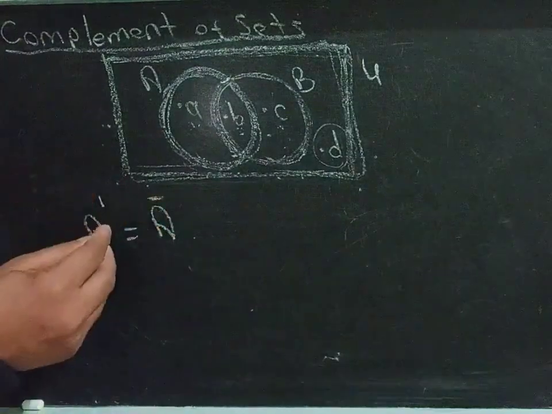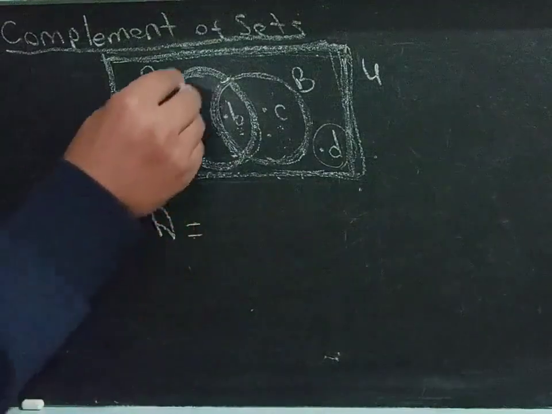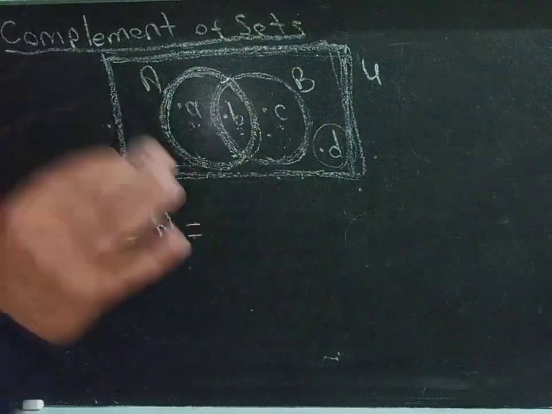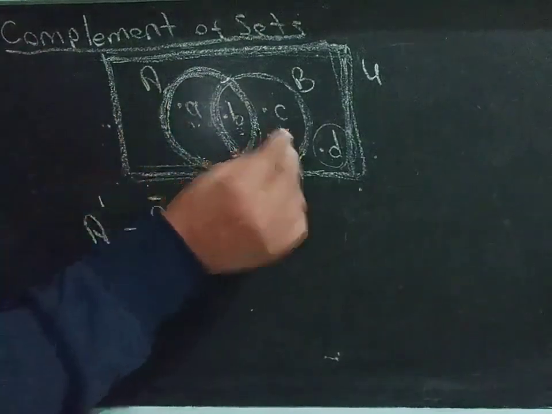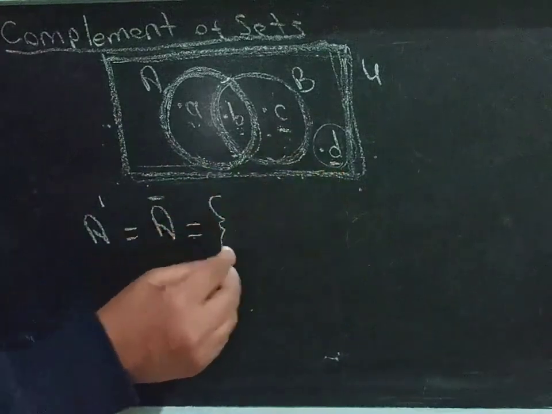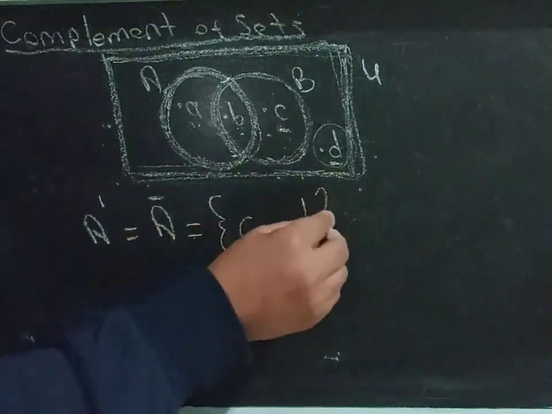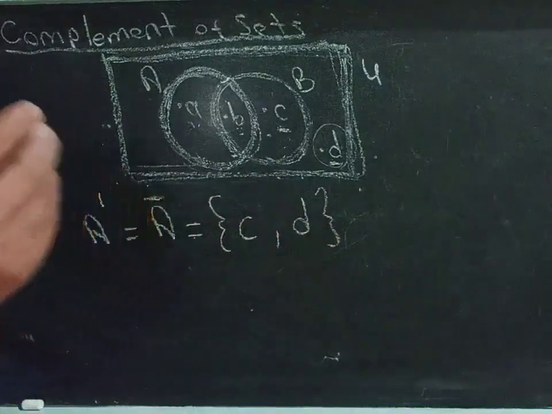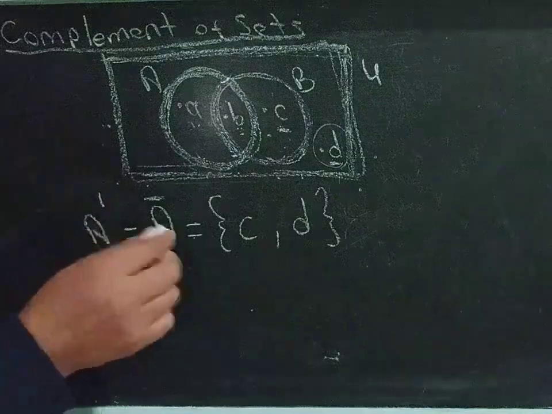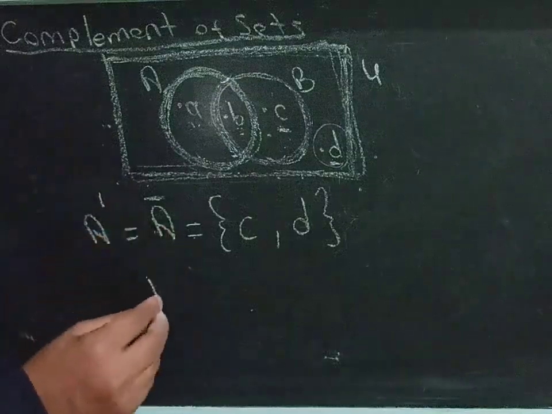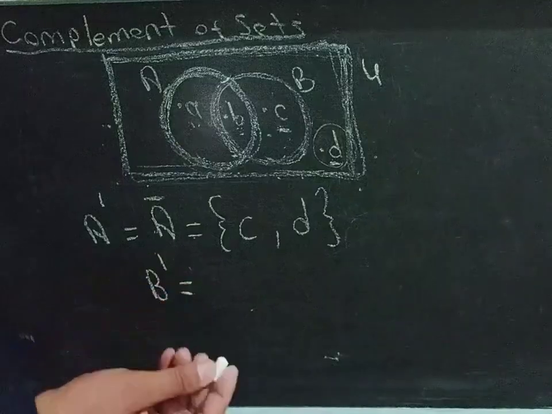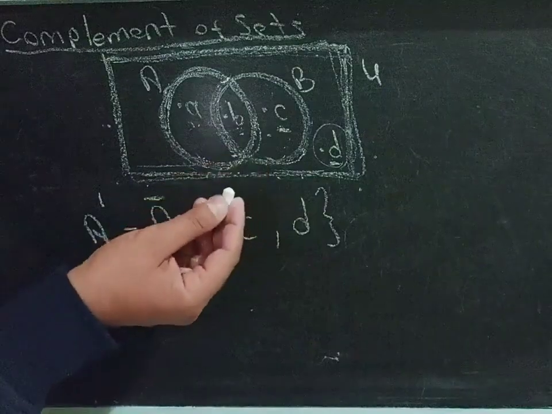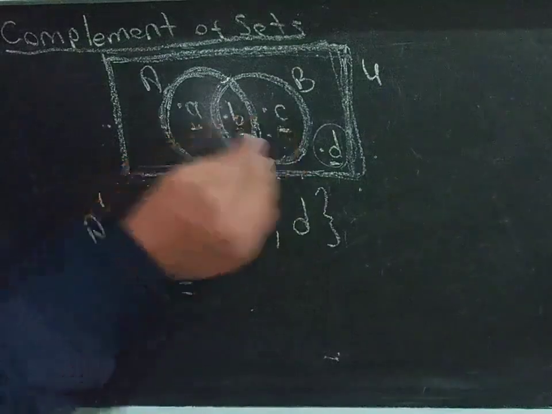So complement of A, you will draw the shape of A and then see which elements are not under A. So you see there C and D. C and D. See, complement means the elements which are not under that set. And for example, complement of B. So draw the shape like that, and see which ones are not under B, A and D.